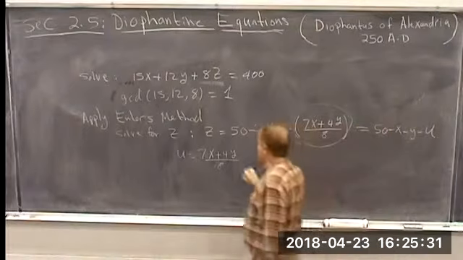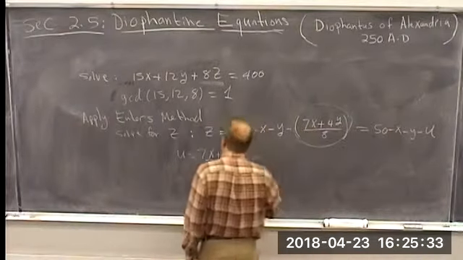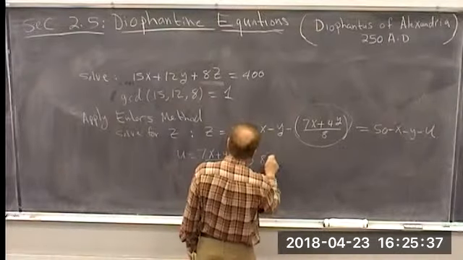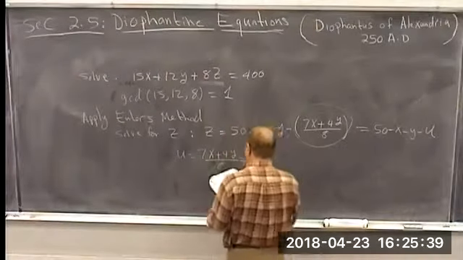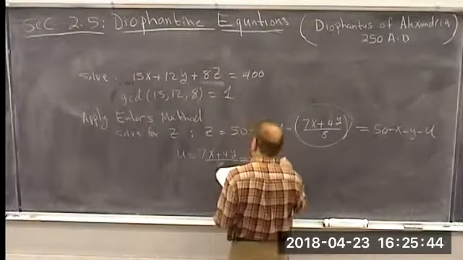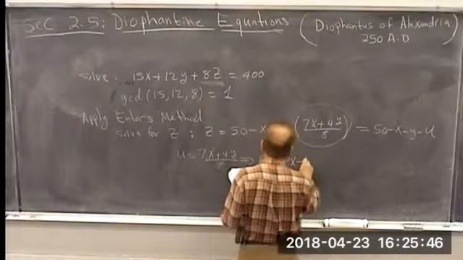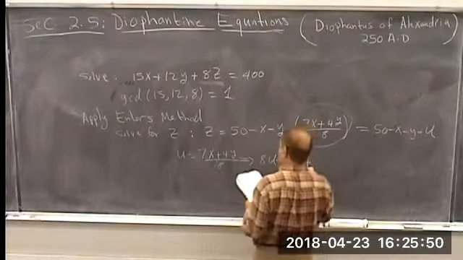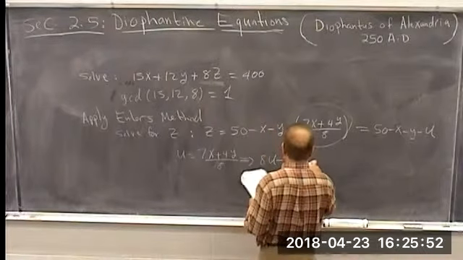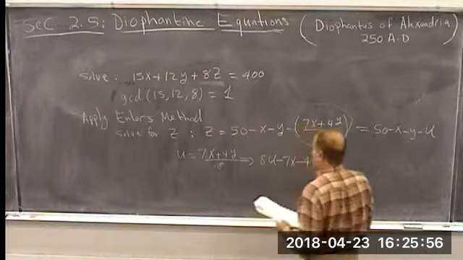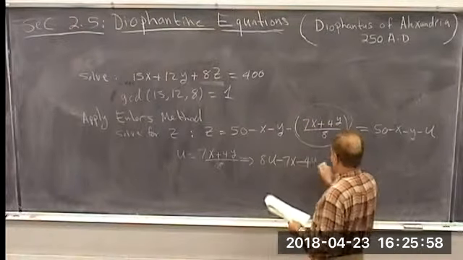Okay? Now we're going to turn this into a Diophantine equation itself. So we get 8u, and we arrange it like this: 8u minus 7x minus 4y is equal to 0.